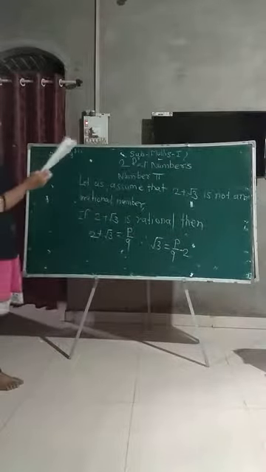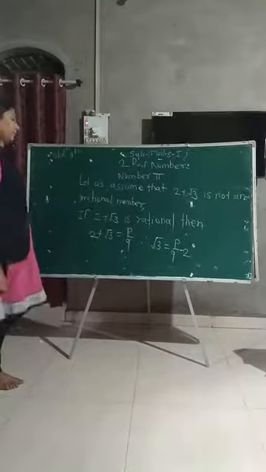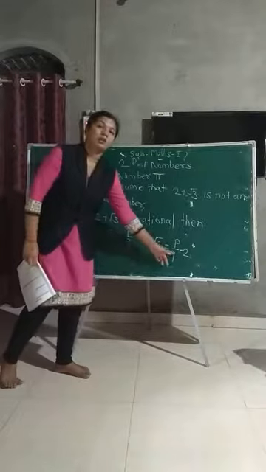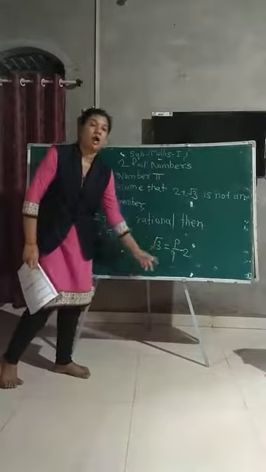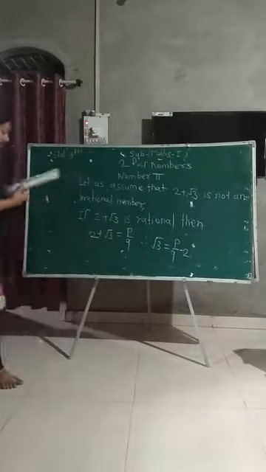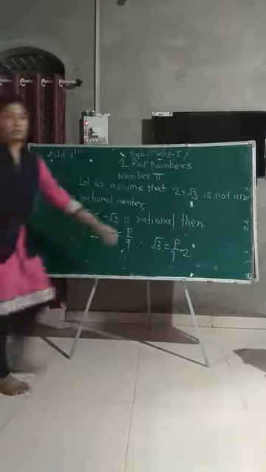In this equation, the left side is an irrational number and the right side is a rational number, which is contradictory. This is an irrational number and this is a rational number, which is contradictory. Our assumption is contradictory, that is, it is not valid.